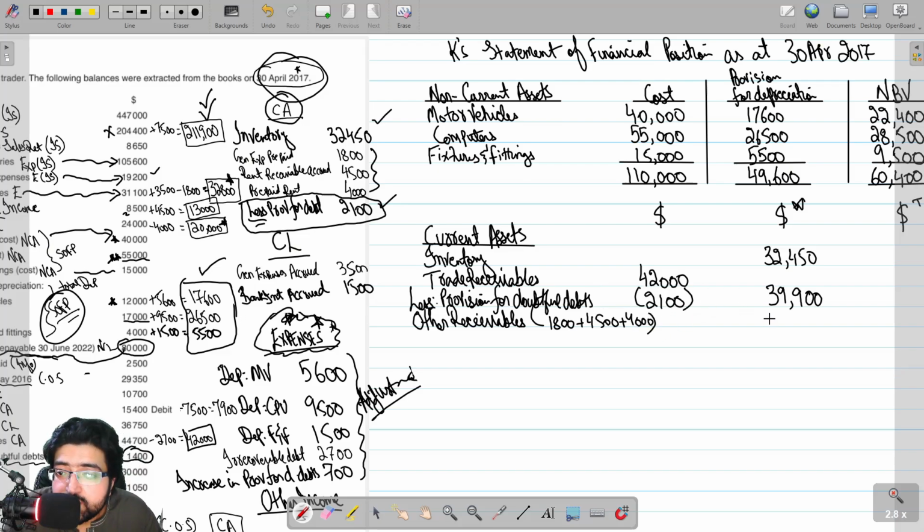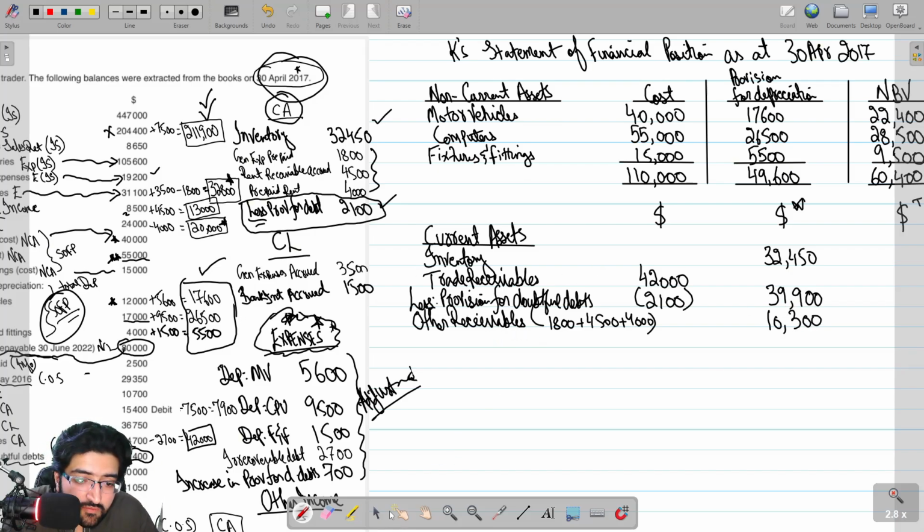So they expect you to just simply write the total of other receivables combined like this. Even if you don't do that, it's fine. You can record them individually as general expenses prepaid 1800, rent receivable accrued 4500, and prepaid rent 4000. They cannot mark that wrong, but this is what they prefer, and also this is faster for you. This will save your time, right? So you can do it like this.